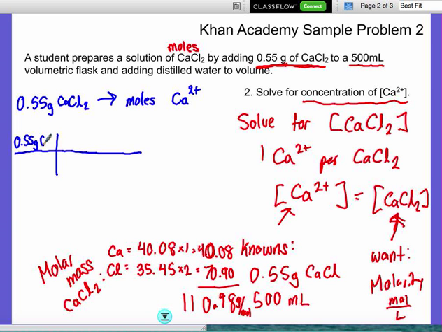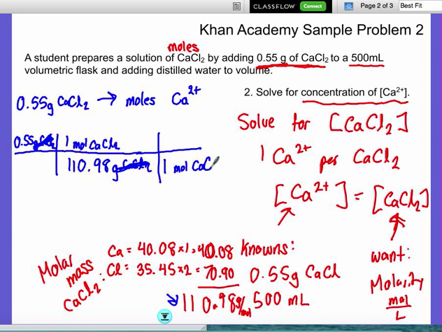0.55 grams CaCl2. We use the molar mass to convert it to moles. For every 1 mole of CaCl2, we had 110.98 grams CaCl2. So the grams of CaCl2 cancel out. That will leave us with how many moles of CaCl2 we had, but we want moles of calcium. So for every 1 mole of CaCl2, we had 1 mole of Ca2+ ions.